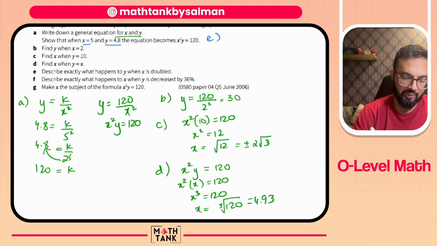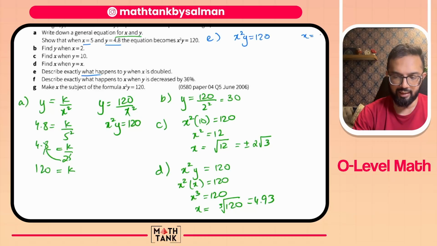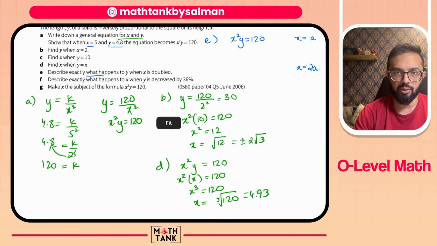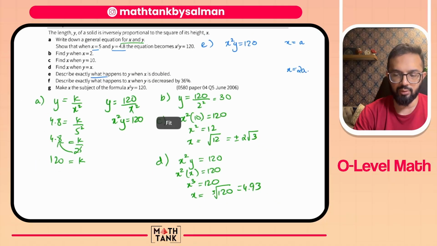Let's just describe exactly what happens to y when x is doubled. So I will have to again do the same thing. This was the relationship that I have between x and y. So x squared y is 120. Let's assume that x is first a and then x is 2a. Whenever you have such a situation, just make sure that you take new variables and then try to do the question.